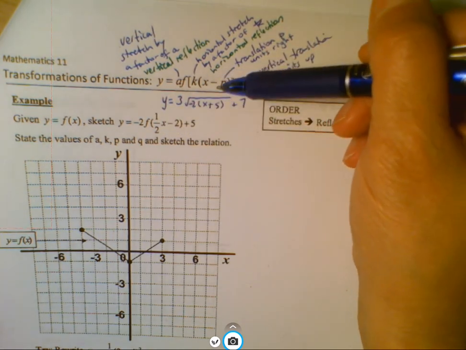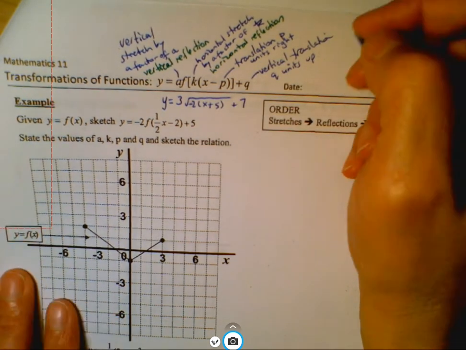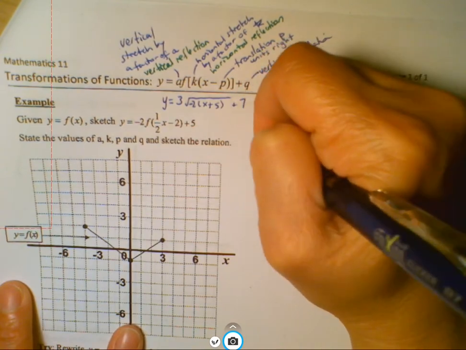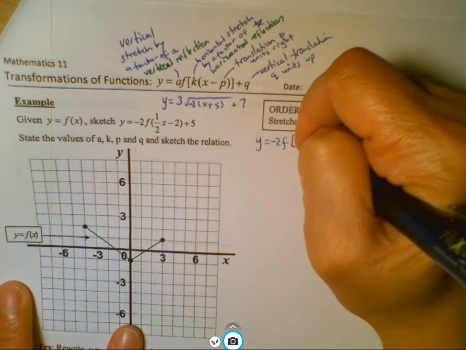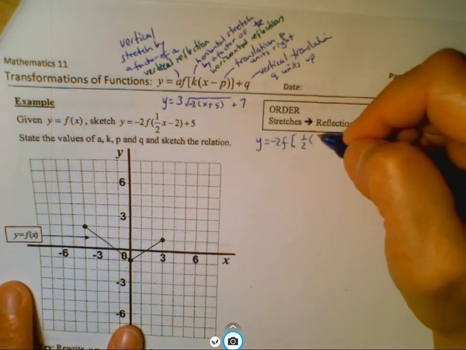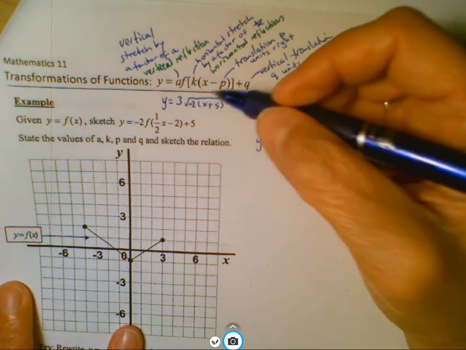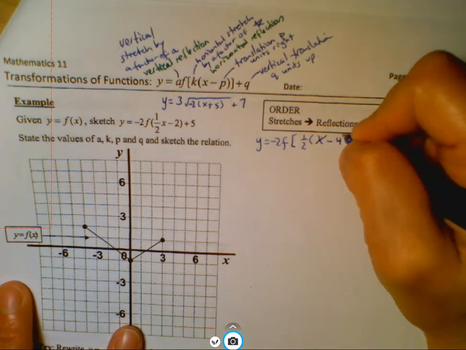I'm going to need to factor out the k until I have brackets, and then I can read it. So let's first take a step here to factor out that k and see what we're working with. So I'll use square brackets because I'm going to have a bracket in a bracket. I will factor out the half. That gives me x minus 2 divided by the half is 4.